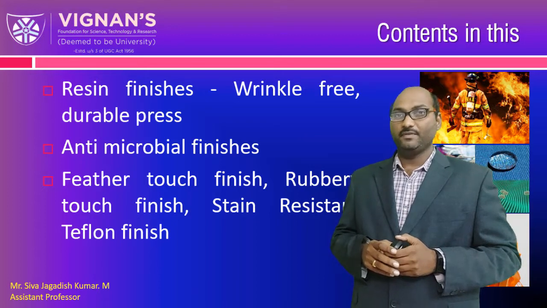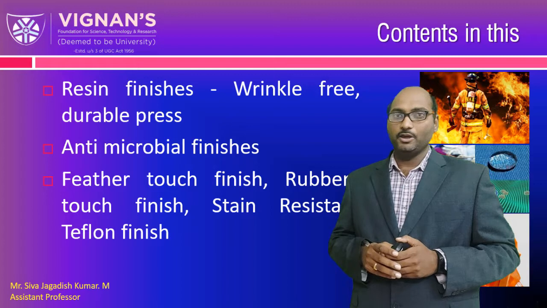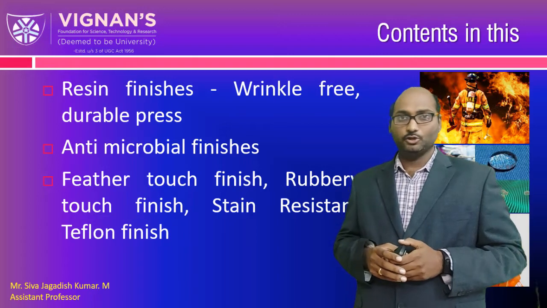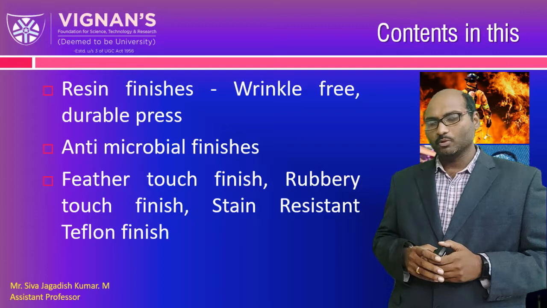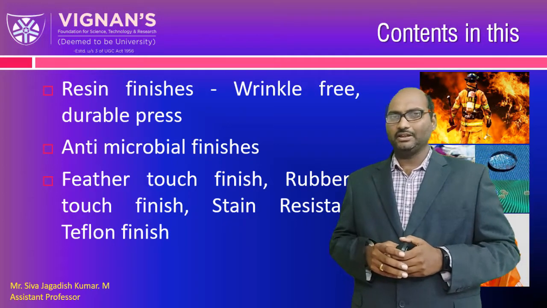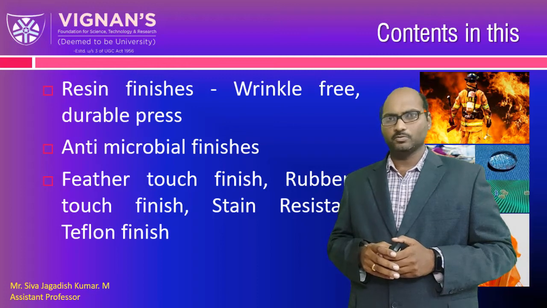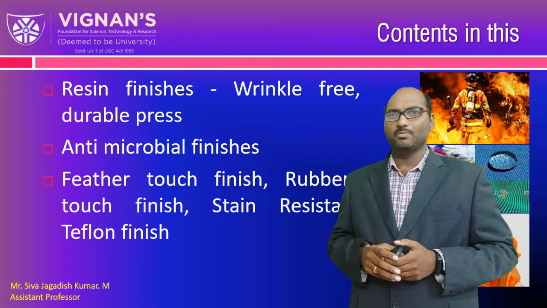Basically we will start with the resin finishes like WR, wrinkle resistant finishes, durable press finishes, or ETA, easy to iron finishes. All of them are nothing but the same. We will concentrate mostly on this. This is basically achieved through a resin treatment and is most commonly used. And antimicrobial, what is this and how will it be used?